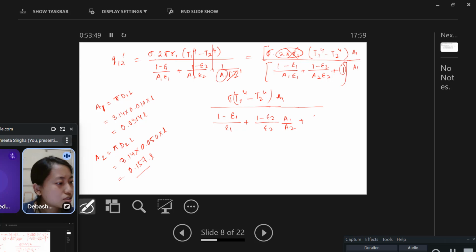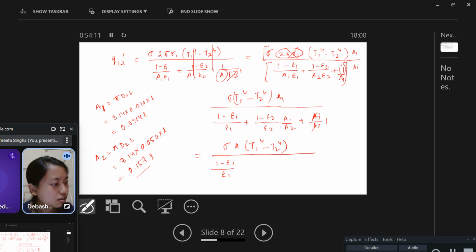A1 by A1 will become 1. So if I write this, it should become like this: epsilon 1 by epsilon 1 plus 1.